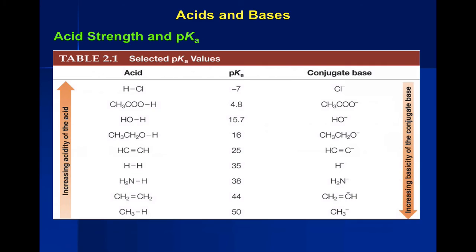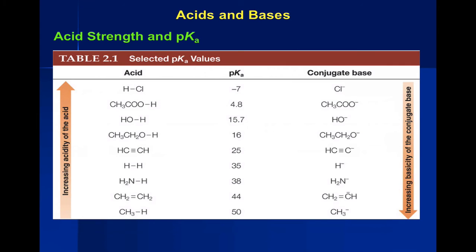So if I know the chemistry of water, I can predict the chemistry of alcohols. Because guess what? The functional group is essentially the same. You just get rid of one H. That's right. We know that water can function both as an acid and a base, so I know that an alcohol can function both as an acid and a base, right? So you already know a lot of stuff.